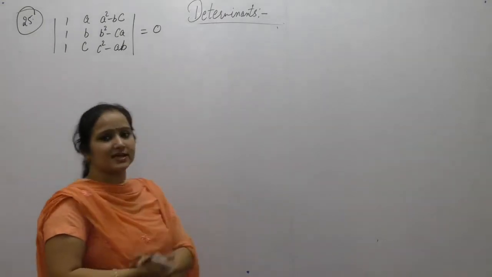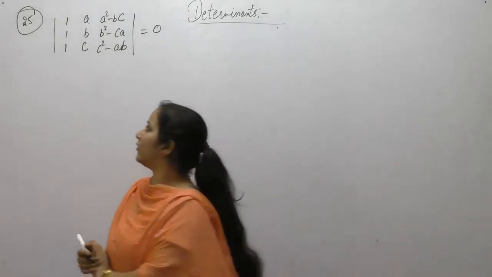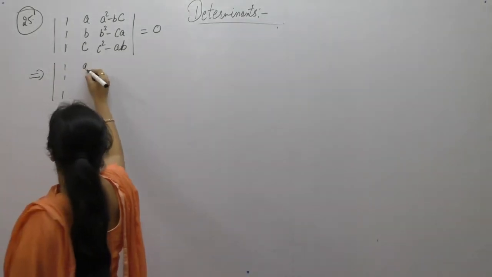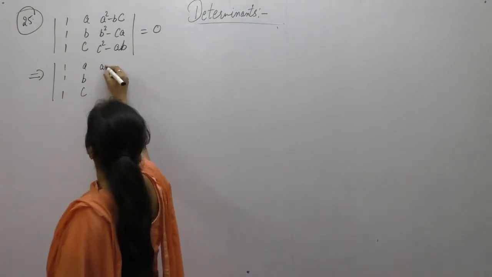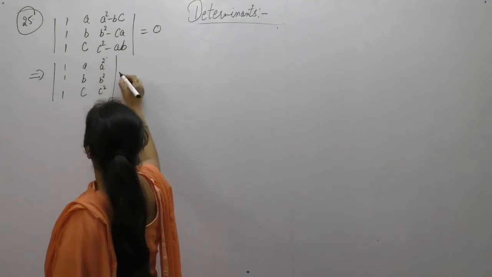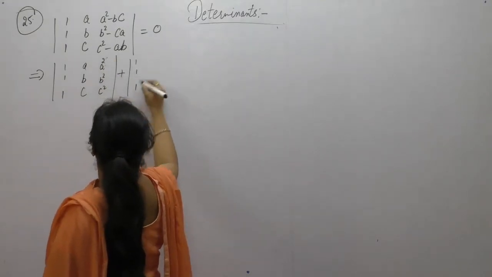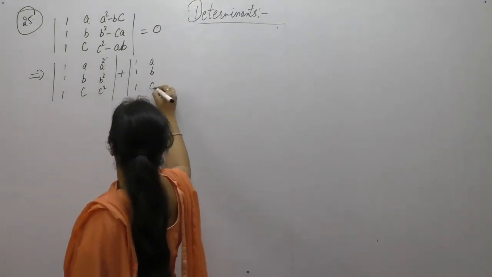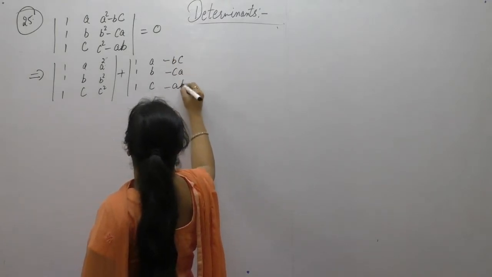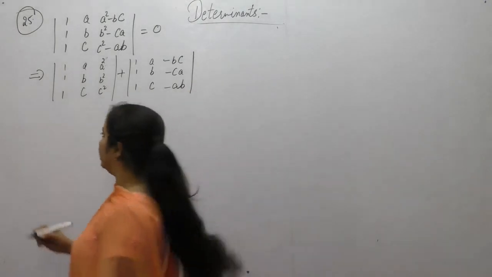First, this is the sum of two terms, so we have to separate these terms. The determinant 1, 1, 1, a, b, c, a square, b square, c square, plus the determinant 1, 1, 1, a, b, c, minus bc, minus ca, minus ab.